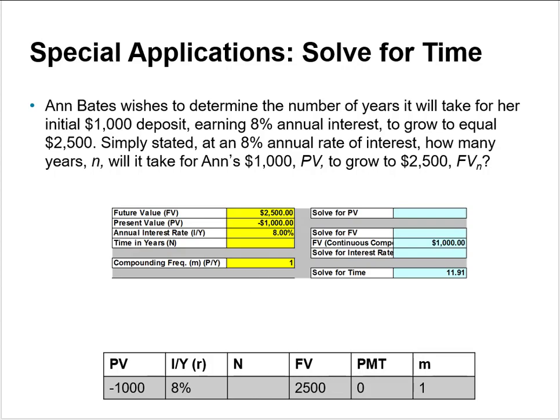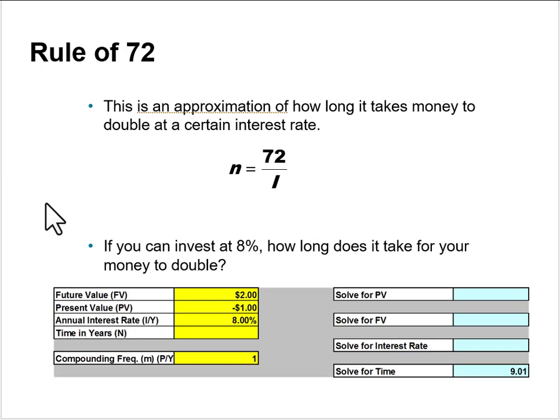There is a special approximation that we can use that talks about how long it takes for money to double. Here you take n, the number of years, approximately, it's 72 divided by the interest rate. So if you invest at 8%, how long does it take to double?